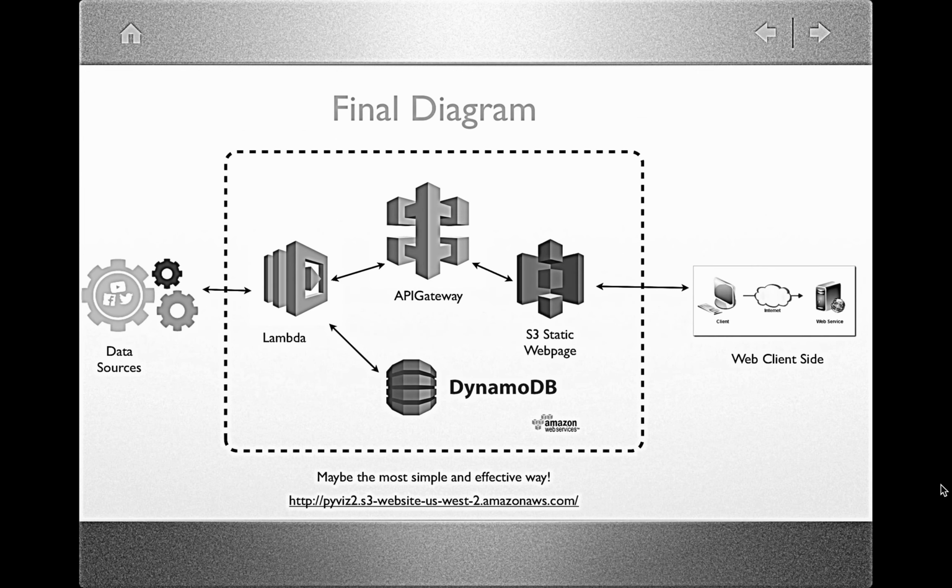This is my final project structure. I hosted a web page on the S3 bucket, and the web client side can, through this web page, send a request through API Gateway to the Lambda function.